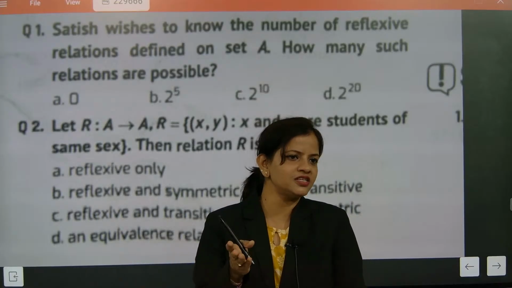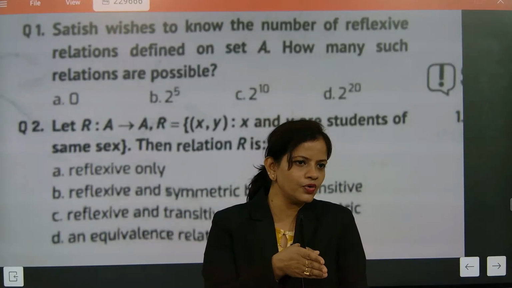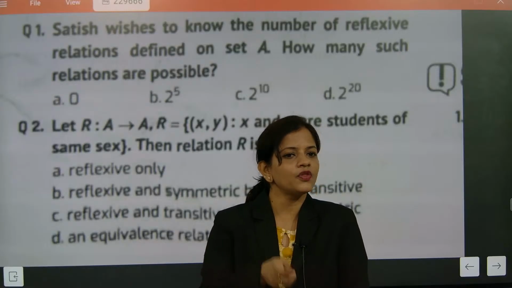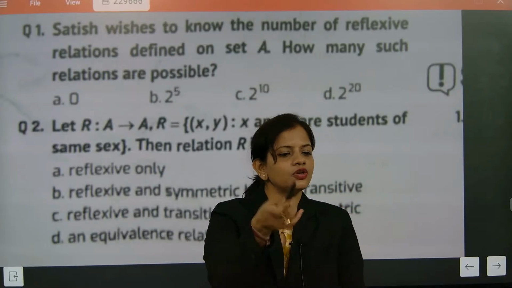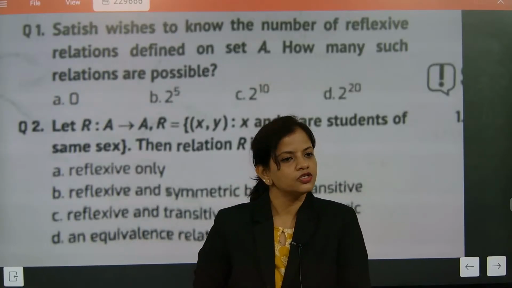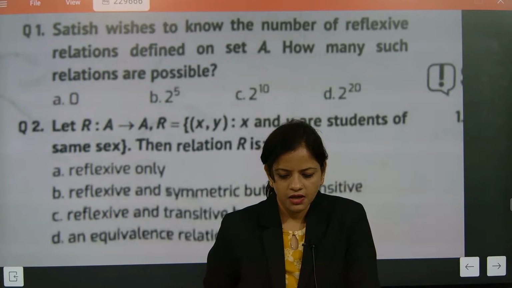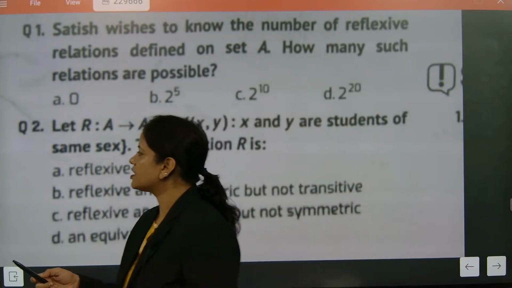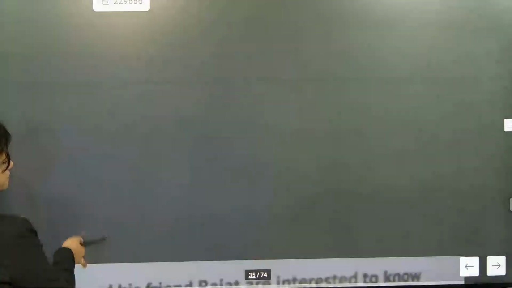Now you and Tanish are in 12. That means Tanish and you both are in the same class. Now you and Tanish are there, Tanish and you are there. So when we reverse it also, the transitive case is coming. So here, what answer is coming? D. Equivalence relation. So the correct answer here is equivalence relation.